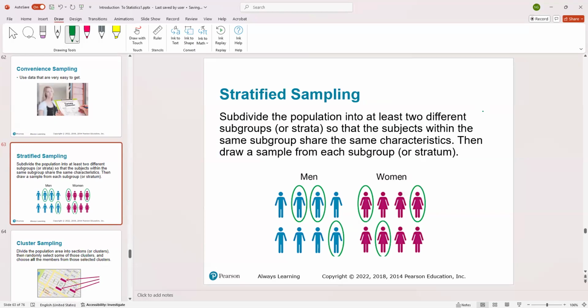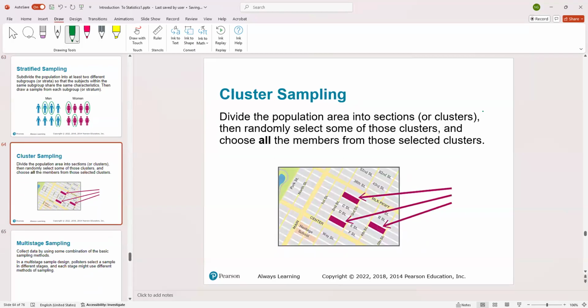I'm hoping you can review it. It's very important for the sample to have members from each segment of the population, so you should use a stratified sample for that. Depending on the focus of the study, members of the population are divided into two or more subsets, called strata. That's stratified sampling.